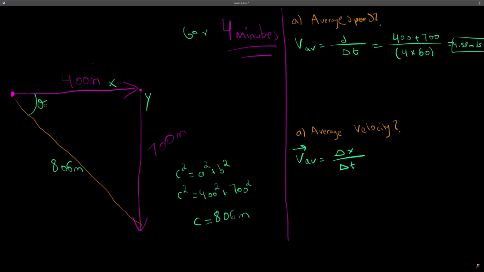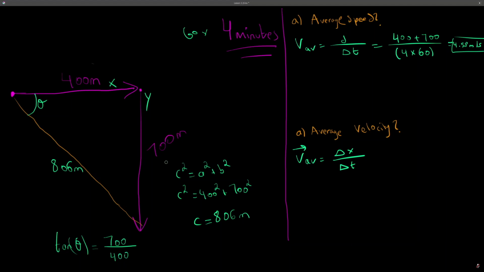It's less confusing. So let's take this angle over here, angle theta. To find this, we can use tangent, sine, or cosine. Again, better to use tangent because the values are given, so we don't make any mistake. We do tangent theta is equal to 700 over 400.